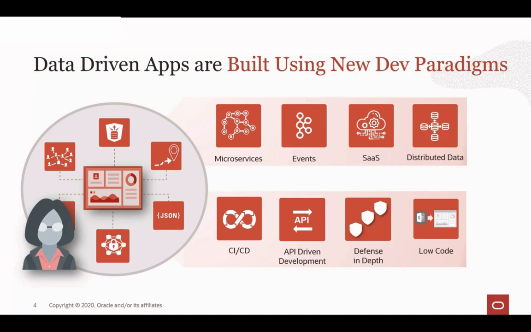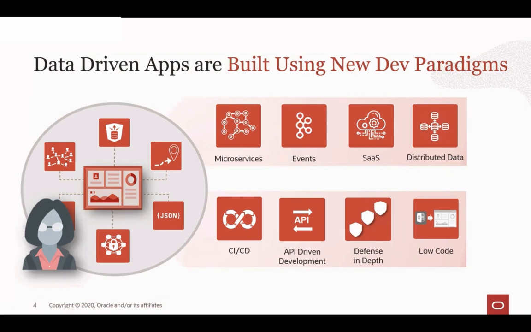Now, data-driven applications operate with a wide variety of data sets like JSON documents, spatial, graph data, and relational data, and these are all scattered data sets. So very often the value is generated only when data sets are understood together in real time, rather than individually.